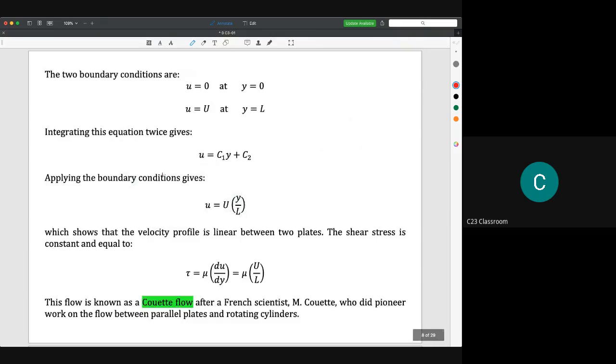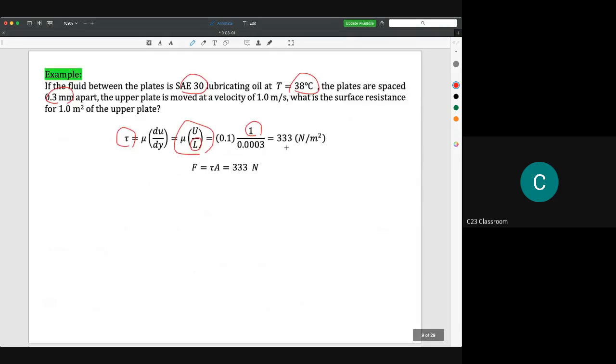Then we substitute the values, and we get 333 Newton per square meter. If the area is 1 square meter, the force that occurs according to the shear stress of that oil is 333 newtons.